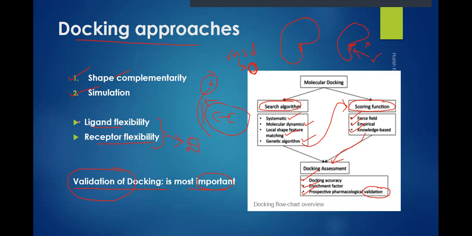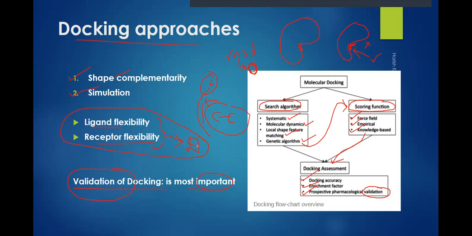If we keep the ligand rigid or the receptor rigid, that is not going to serve our purpose. So a docking protocol should almost always have ligand flexibility and receptor flexibility associated with it. We cannot have a rigid receptor because inside our body receptors are constantly moving.